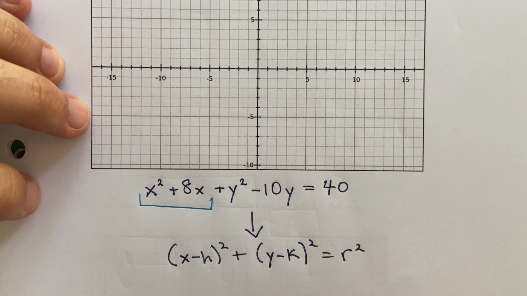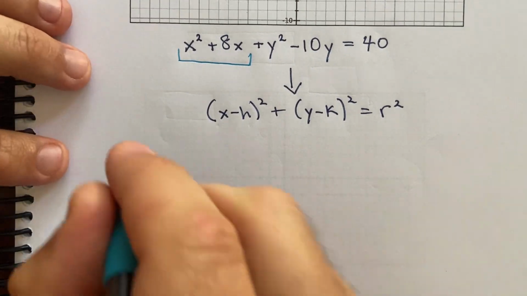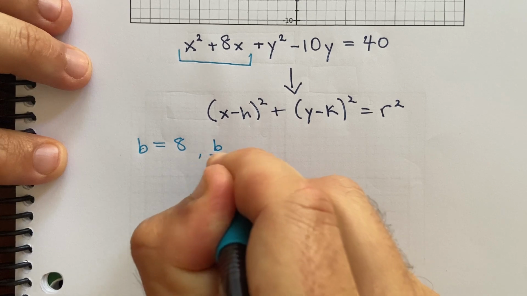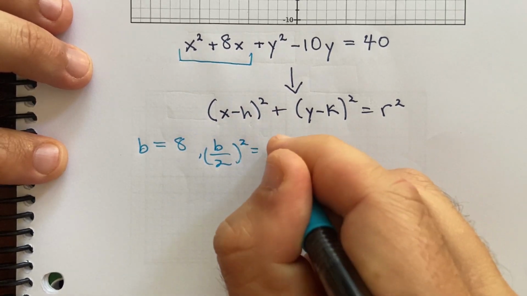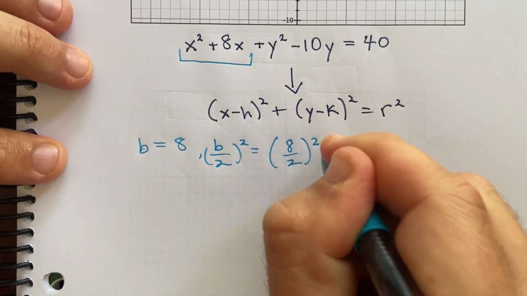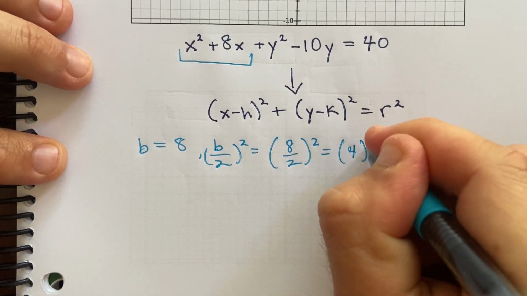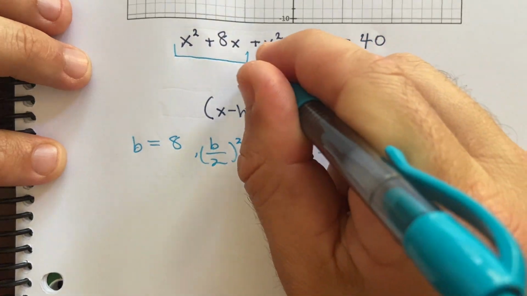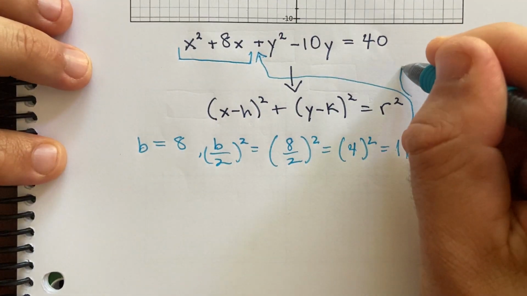So for the x's, b is 8. So half of b squared would be 8 over 2 squared. In other words, 4 squared, or 16. So I'll add that number in there, but of course also over here.